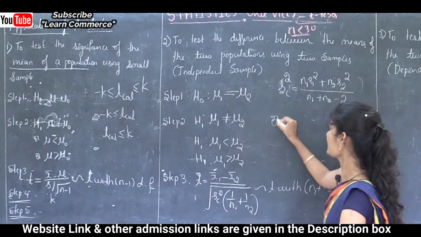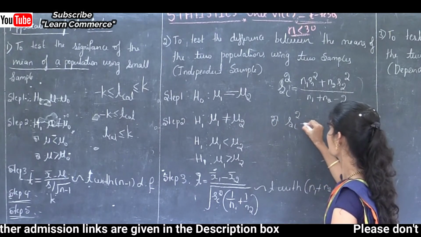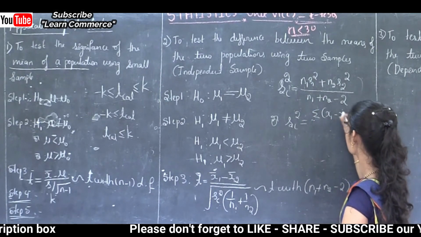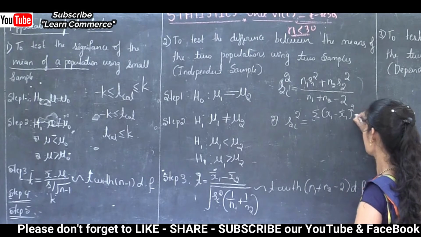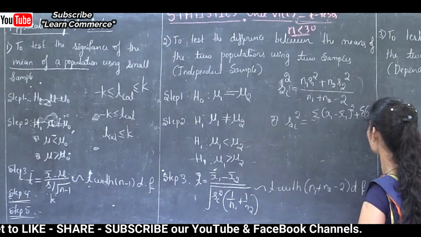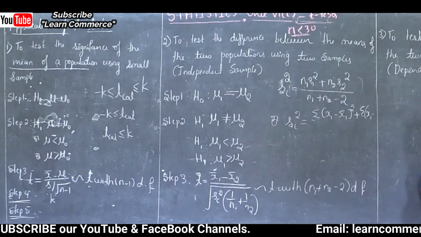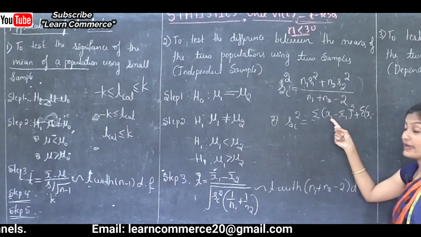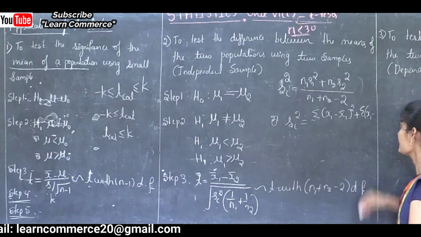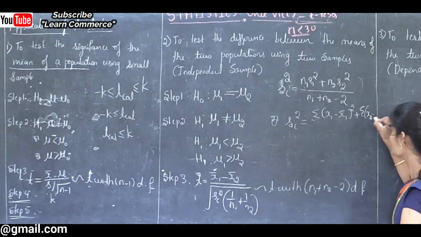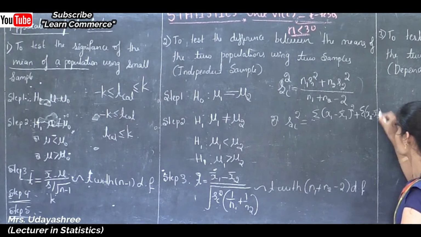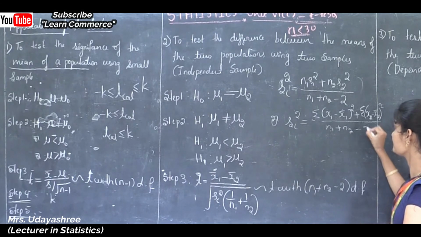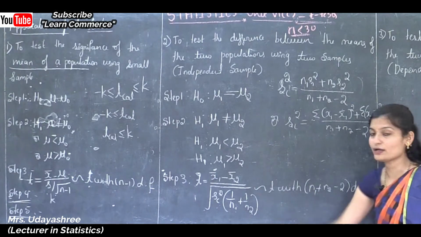Or we can use one more formula: SC square is equal to the summation of x1 minus x bar 1 whole square plus the summation of x2 minus x bar 2 whole square, divided by n1 plus n2 minus 2. Okay, this is the formula to calculate SC square.